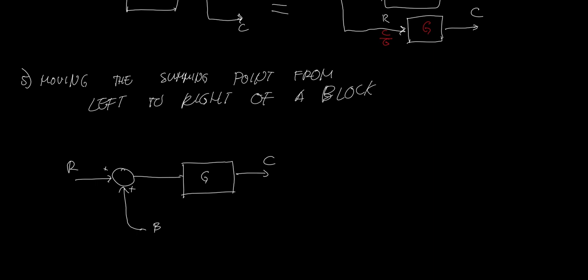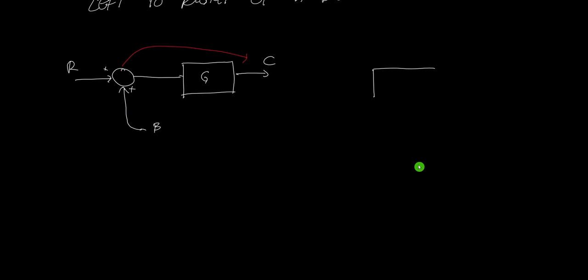Now I want to move this summing point into the other side. If I draw this again, this is G. Now the summing point is somewhere here.